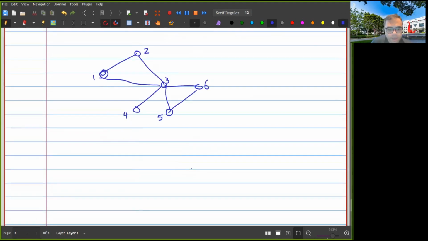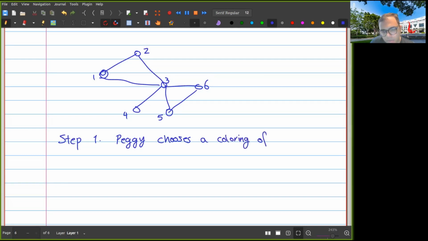Now, in step 1, Peggy is just going to choose a coloring. So Peggy chooses a coloring of G and commits to it. Okay.